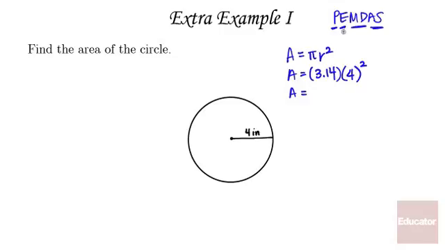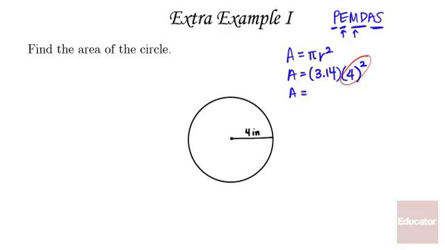See how the exponent comes before multiplying? So be careful. You do not multiply these two numbers first. You always have to take care of the exponent first, and then you can multiply.